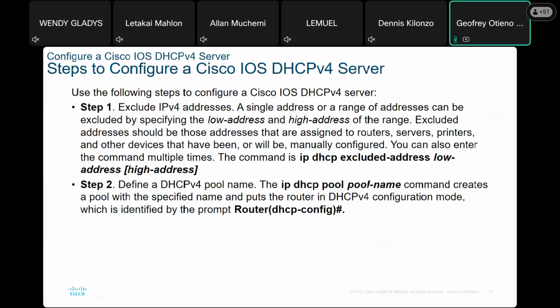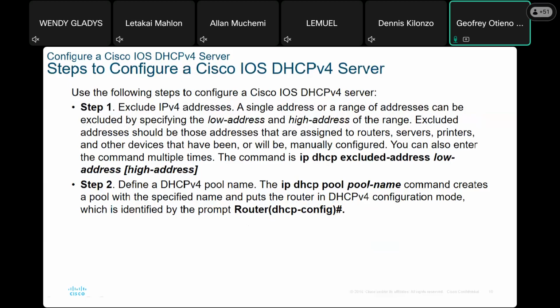So exclude IPv4 addresses, a single address or a range of addresses, specifying the lowest to the highest. For example, I want to exclude 192.168.1.1 all the way to 1.10.